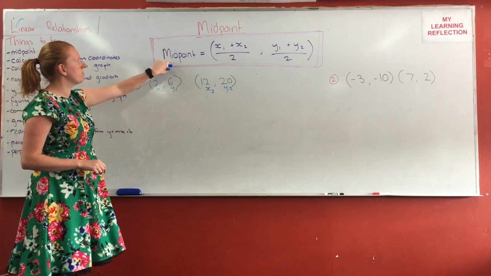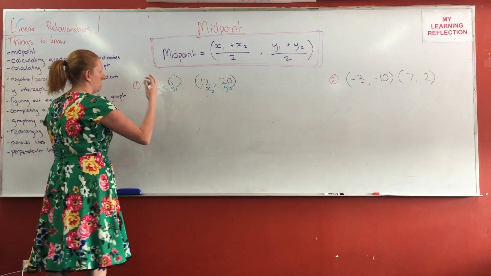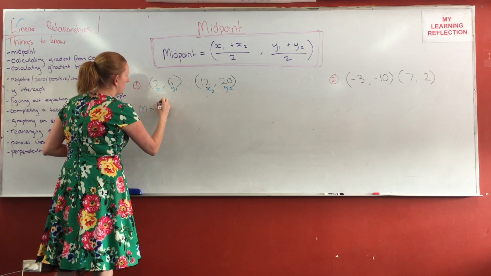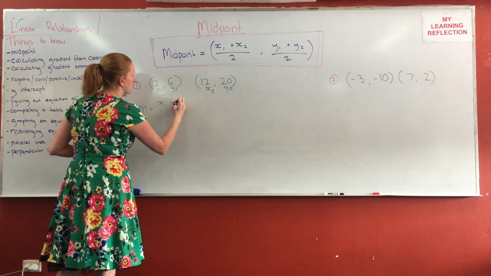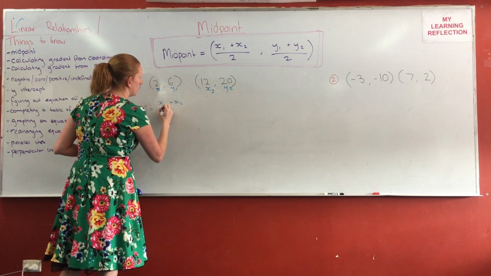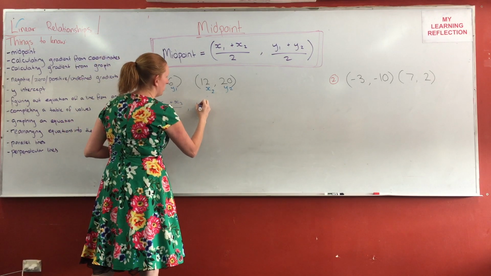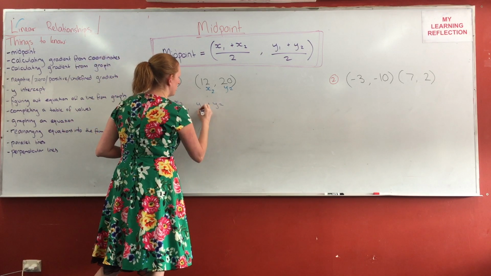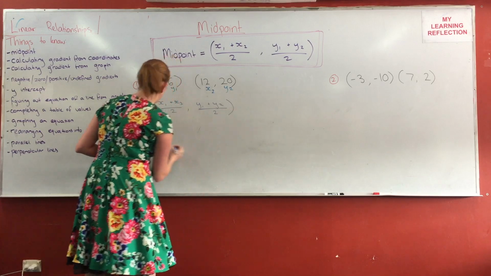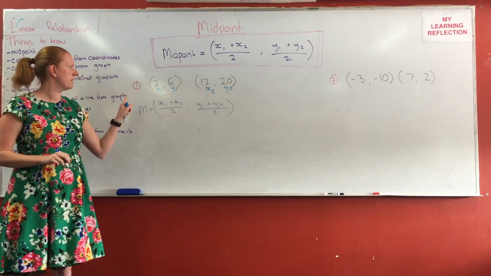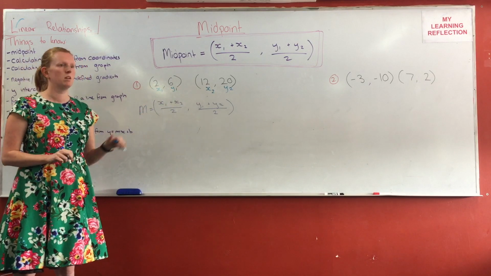Cool, now I'm going to rewrite my formula. x1 plus x2 divided by 2, and then I've got y1 plus y2 divided by 2. But in the place of x1, what am I going to put? What's my x1? 2.